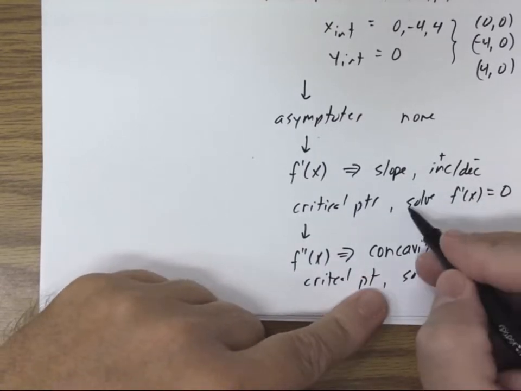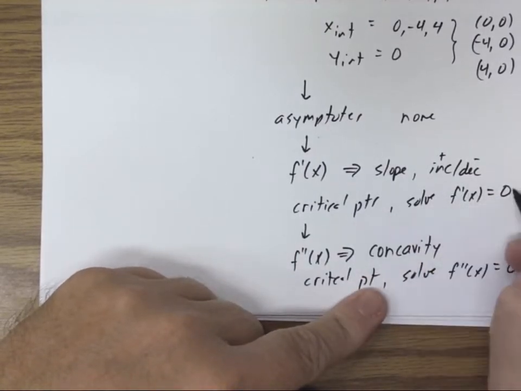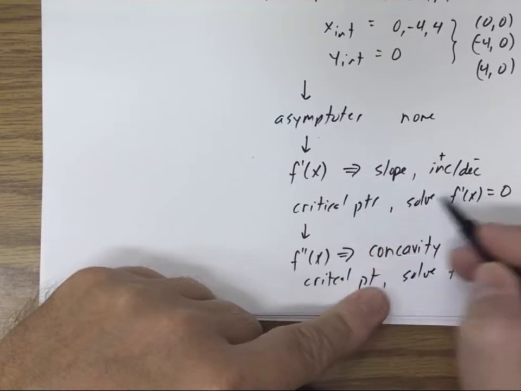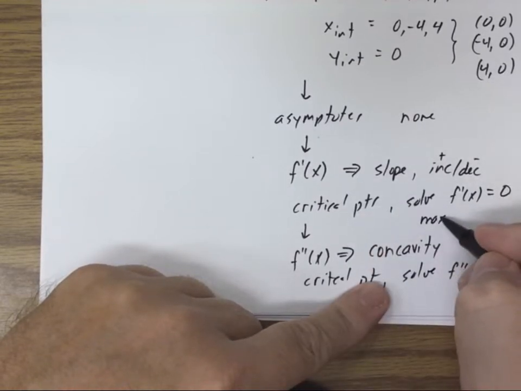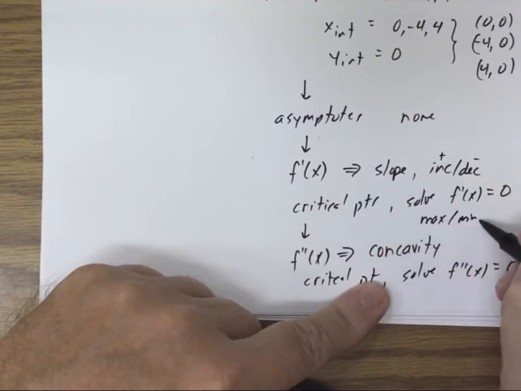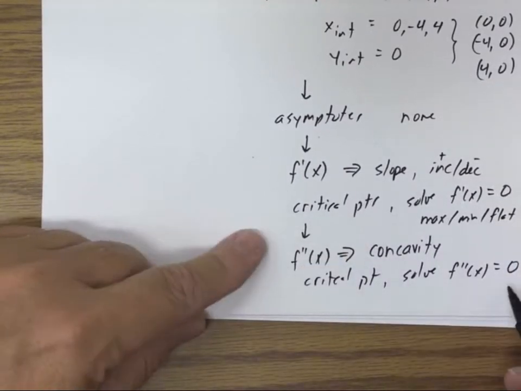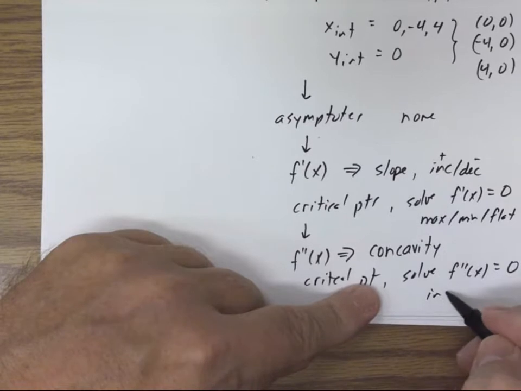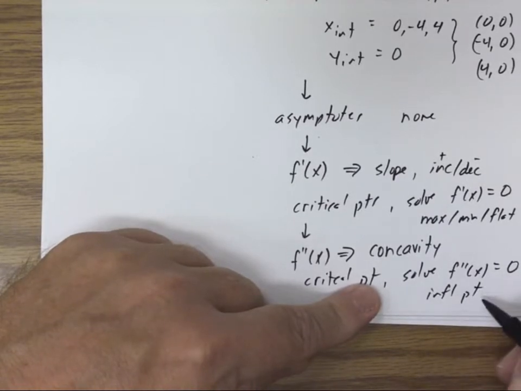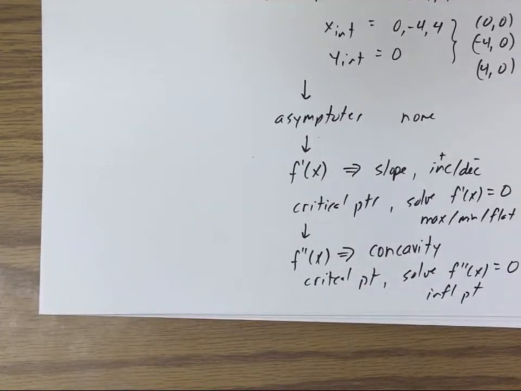Now up here, I didn't write it, but when you solve this equation to find the critical points, those critical points are going to be a maximum, a minimum, or it could be a flat. Here, when you solve this critical point, you're going to find the inflection point.